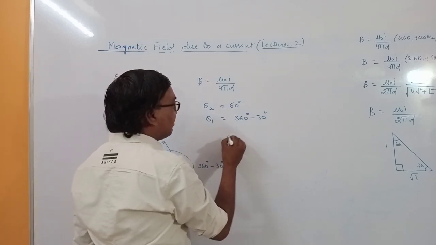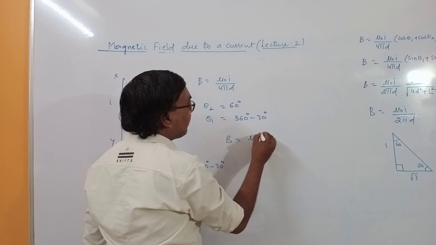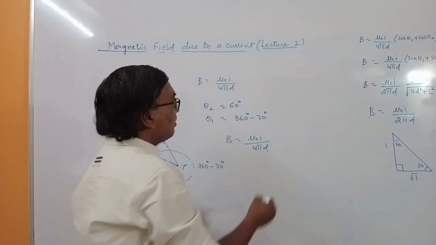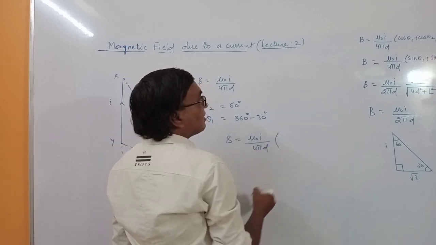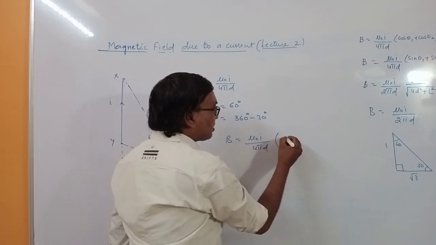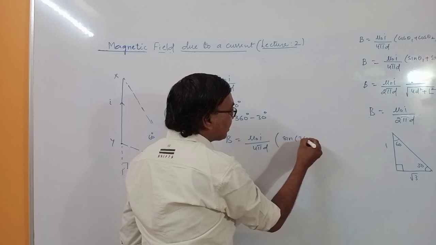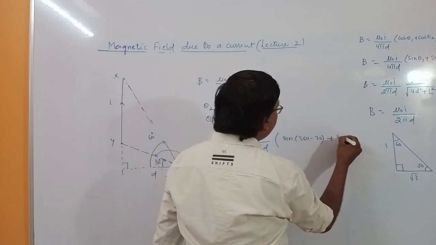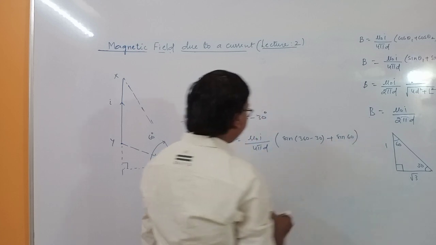So magnetic field B is equal to mu naught I by 4 pi d multiplied by sin theta 1, so sin (360 minus 30), plus sin theta 2, sin 60.